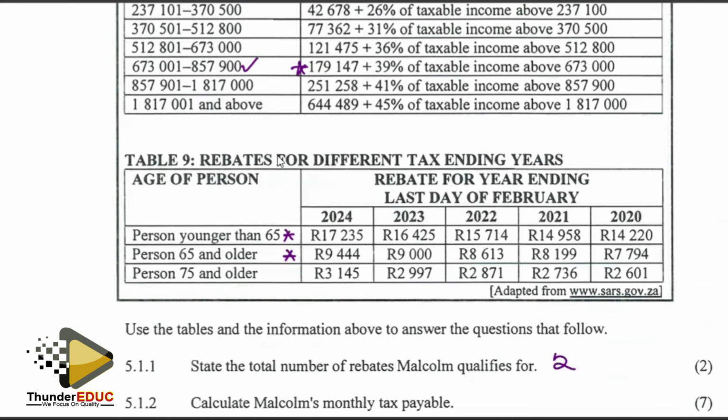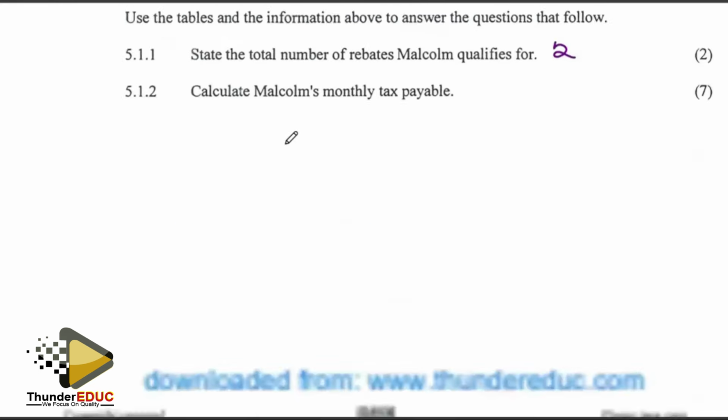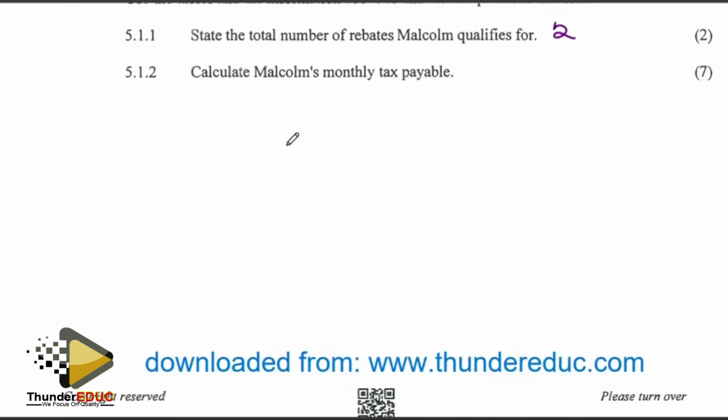So we are saying he earns 900. Sorry, we should use this bracket here. We use that bracket there, which simply means we shall start with that, and we say it is bracket number 6.